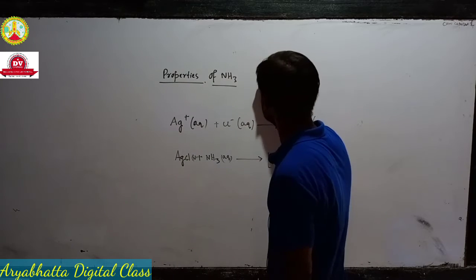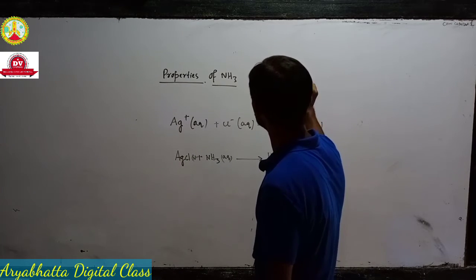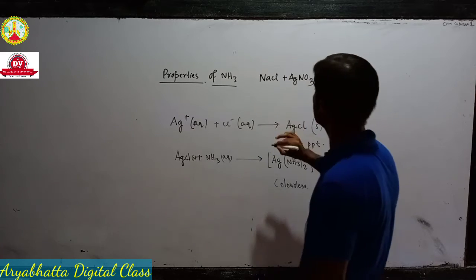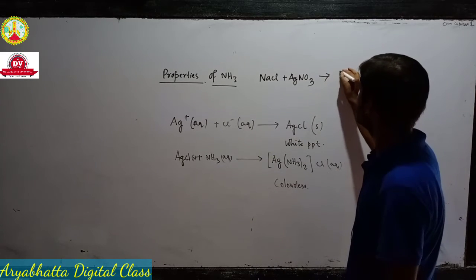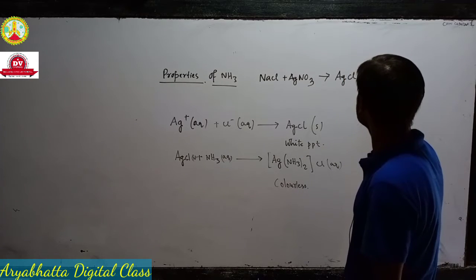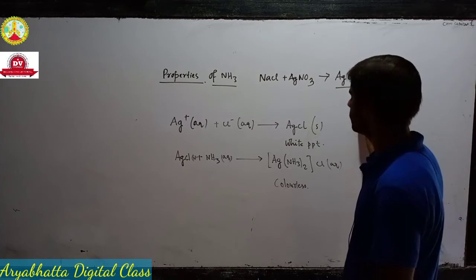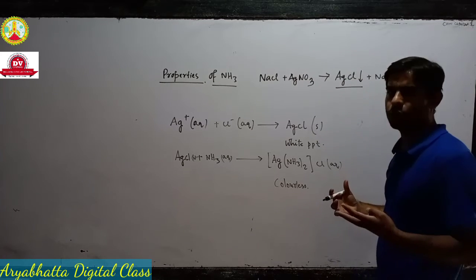Sodium chloride is first treated with AgNO3. It will give a precipitate of AgCl. This is how we detect chloride.